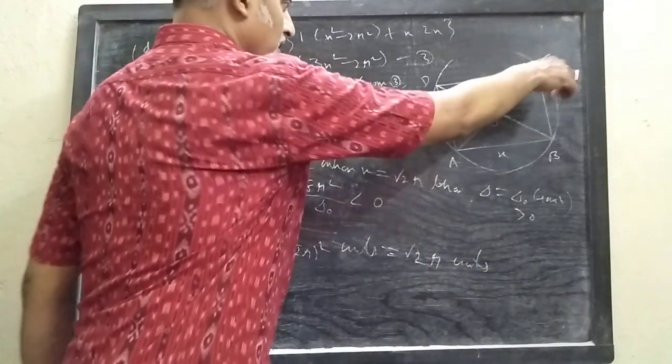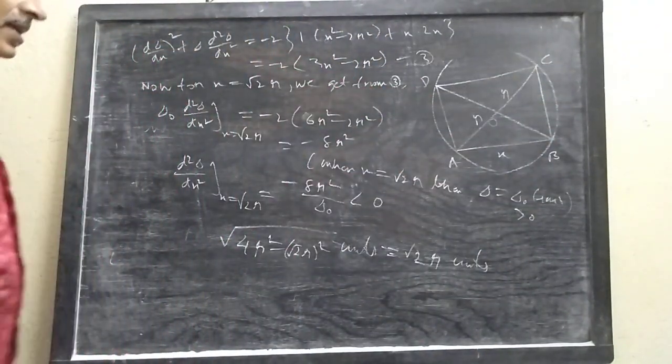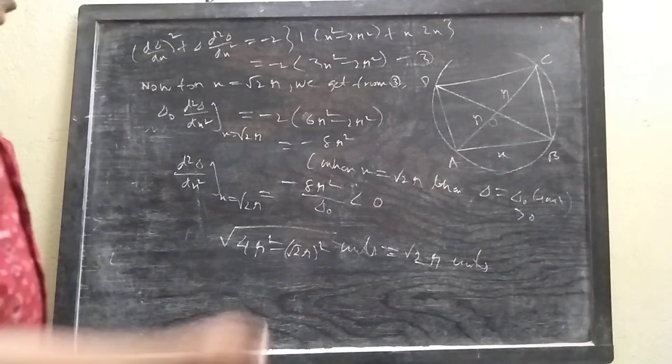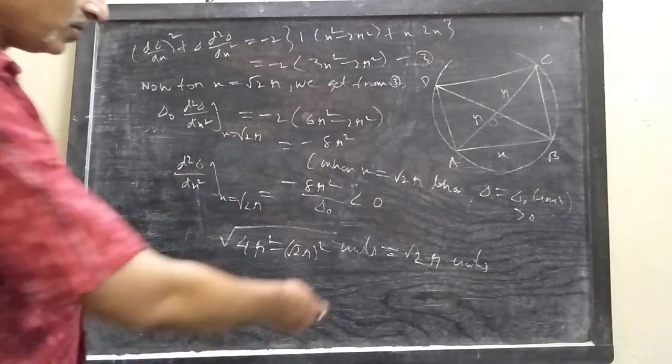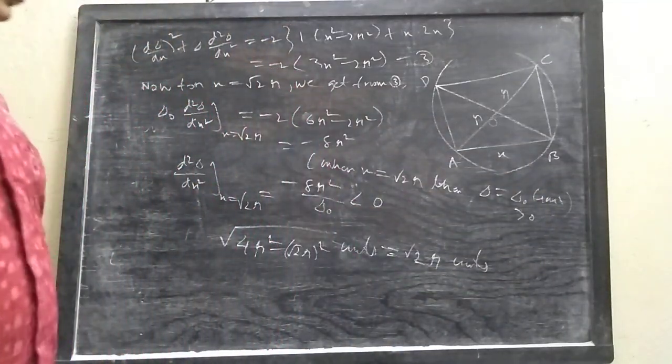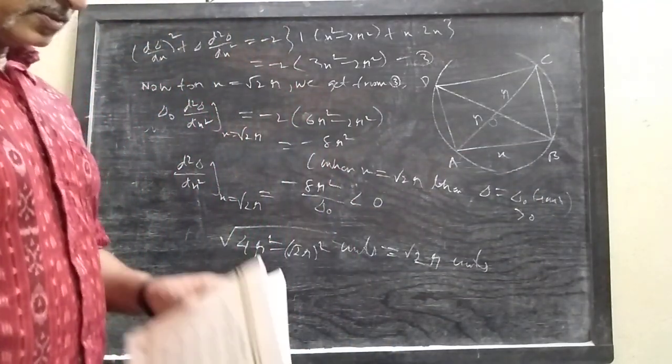So we get that the pair of adjacent sides of the inscribed rectangle are equal. So it is proved that for all rectangles inscribed in a given circle, the square has the maximum area. That is, to maximize the area, the pair of adjacent sides of the inscribed rectangle must be equal, which suggests that it is a square. Hence proved.